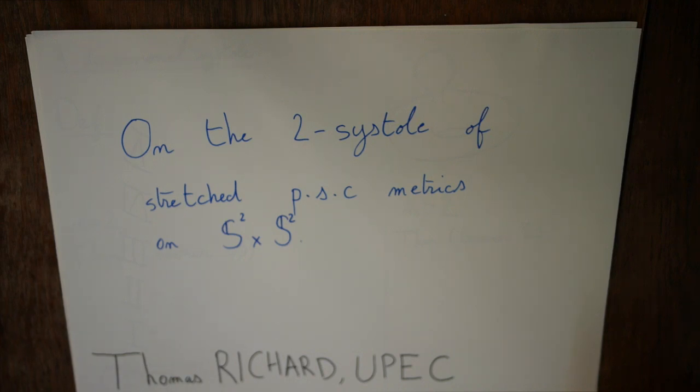Here we will show, in this specific case of positive scalar curvature metrics on S2 times S2, how one can control some metric invariants, namely the two systole and what we call the stretch, on positive scalar curvature metrics on S2 times S2.